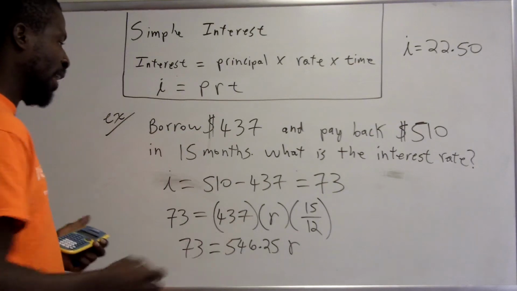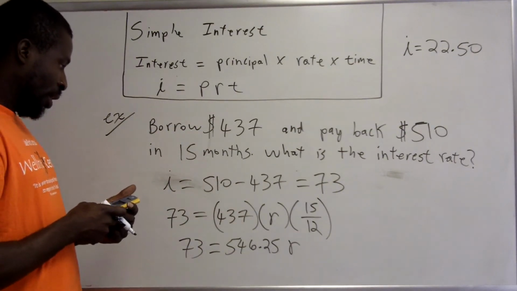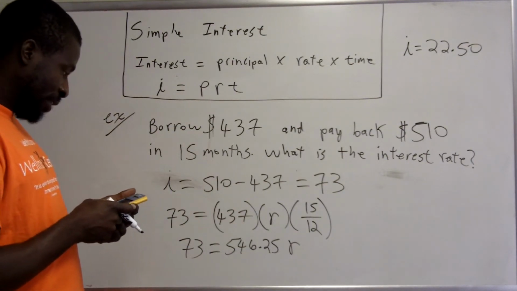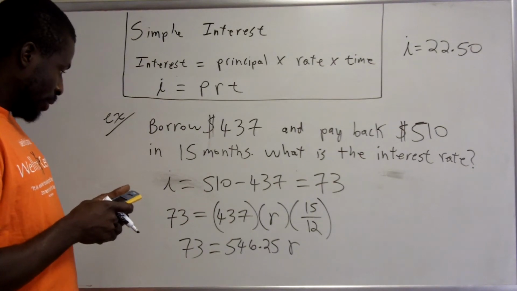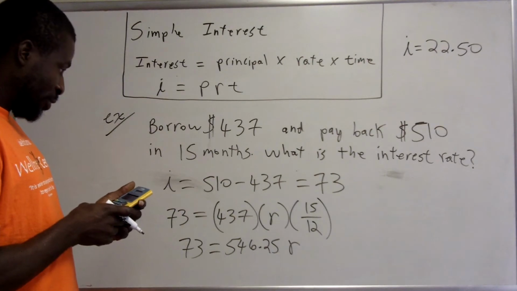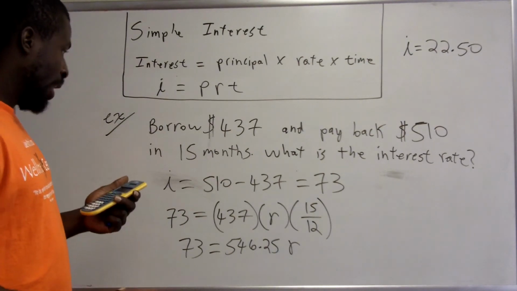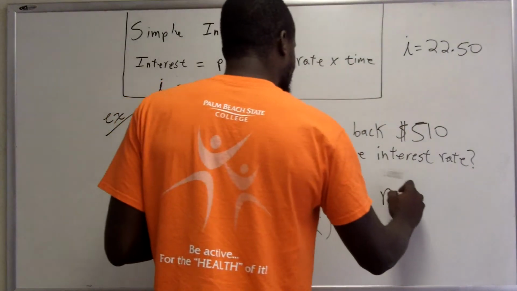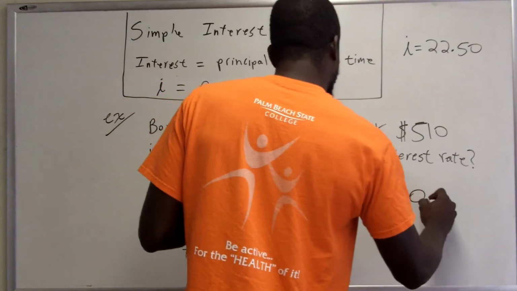Now to find R, I just divide both sides by $546.25. So we'll have 73 divided by $546.25.